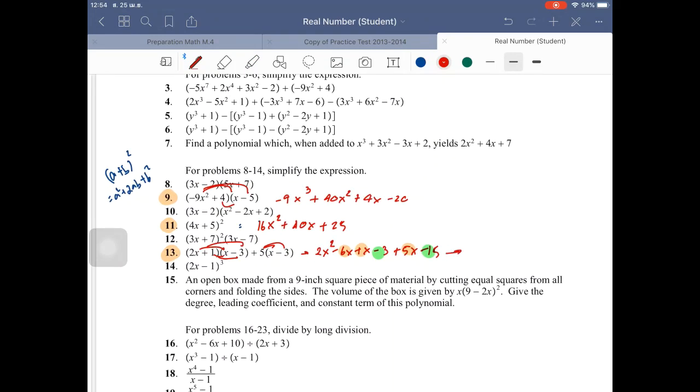Our final answer will be 2x squared minus 5x plus 5x, so they eliminate, and minus 18. That's our answer. Expand into the bracket first and then simplify by addition and subtraction of the like terms.